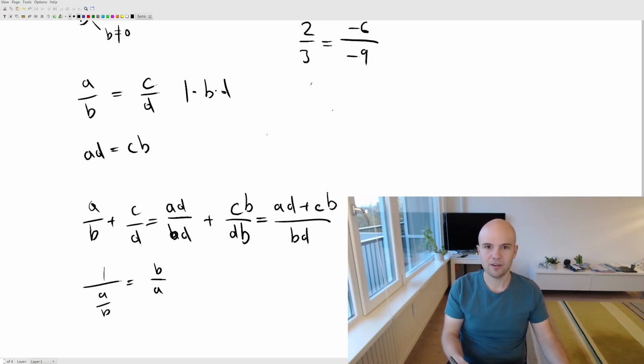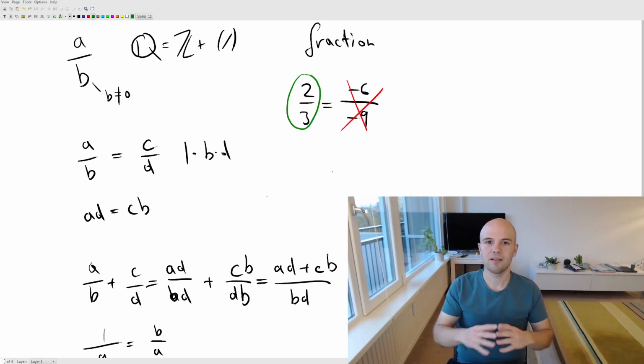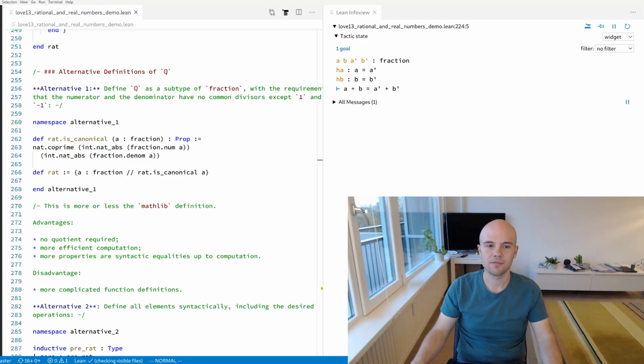As I've said above, we often have multiple fractions that can denote the same rational number, and then we say that we do not want fractions that are larger than necessary, but we only want fractions that are as small as possible. And then we define the rational numbers as the subtype of those fully reduced, of those smallest possible fractions.